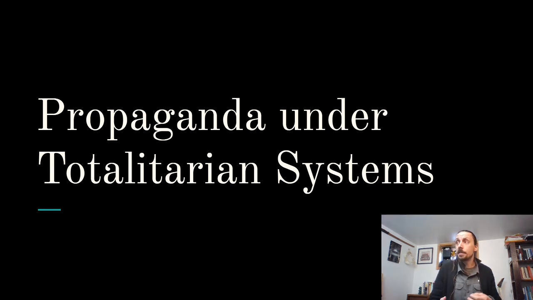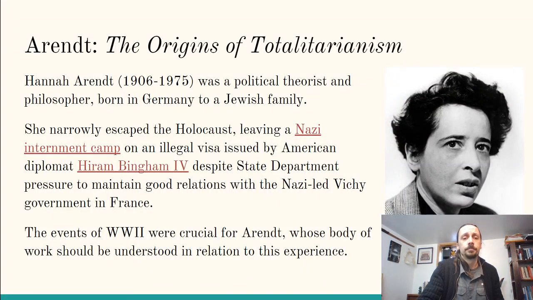And on the other hand, you have this Marxist totalitarianism, which is a very theoretical view about the necessary development of the stages of history from capitalism to communism. And nevertheless, they ended up looking rather similar to each other. And I want to talk about totalitarian propaganda through the work of Hannah Arendt.